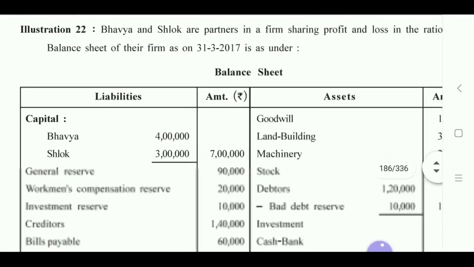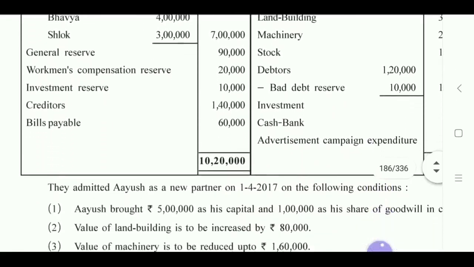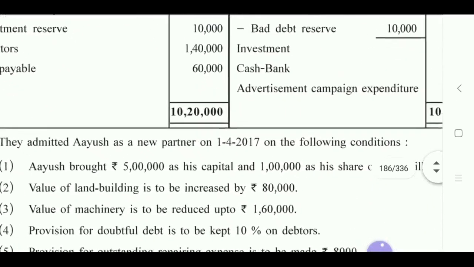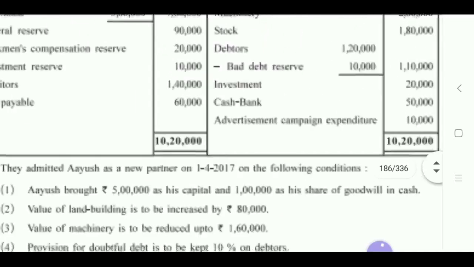My last video was about the detailed accounting treatment of goodwill. I mentioned in that video that the next long sum we solve will also consist of an adjustment of goodwill. You can see here we have an adjustment of goodwill, which was not present in the previous long sum.